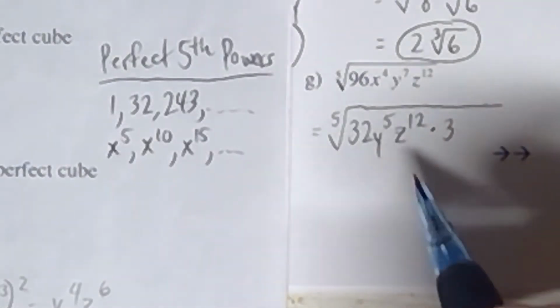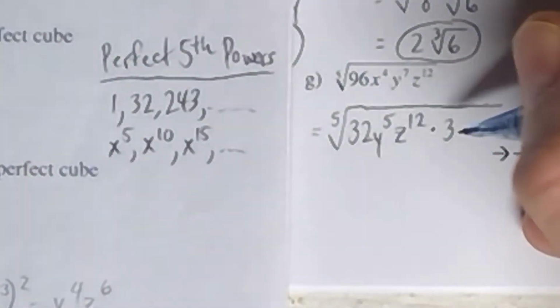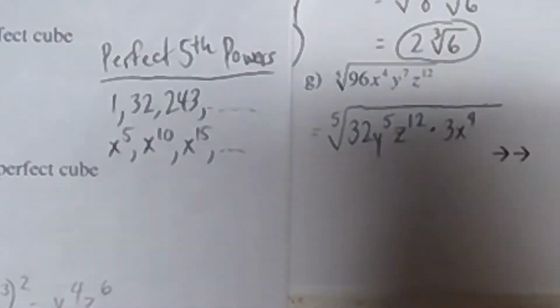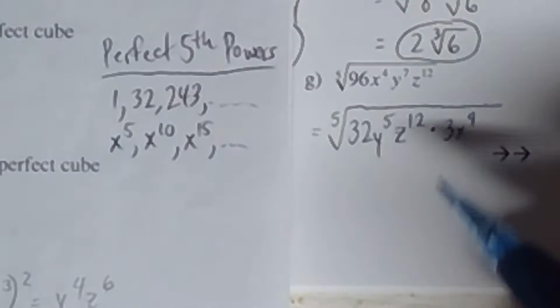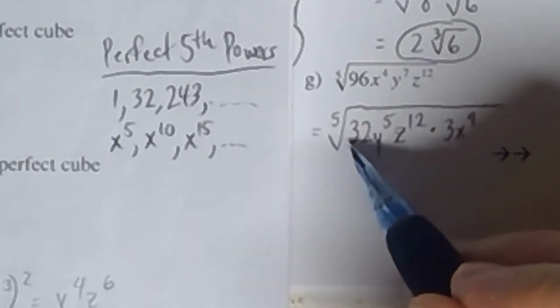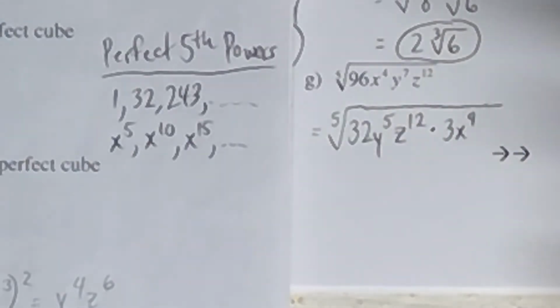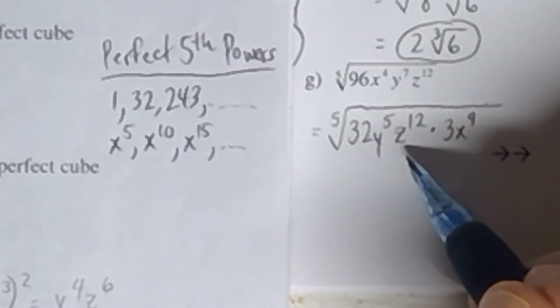Now remember, x to the fourth, since you didn't factor out an x at all, we kind of saw this kind of thing when we did GCF. If you have a variable that did not go in the GCF, not that this is a GCF, but it's a similar thing because you're factoring it out.